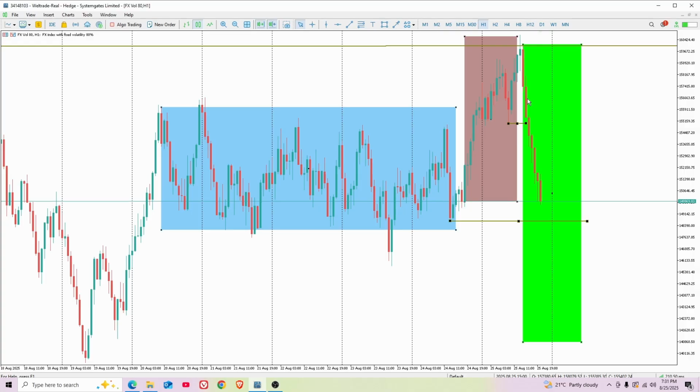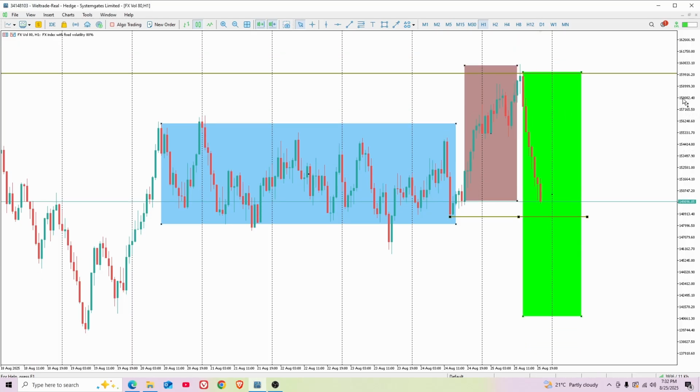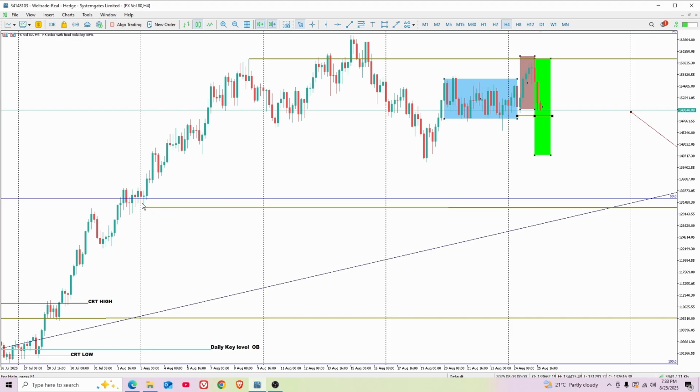But what we are looking at, we need liquidity to be building up below these lows, and the market can push higher. So from here, we are looking for the market to go down up until it takes out this weekly CRT low.